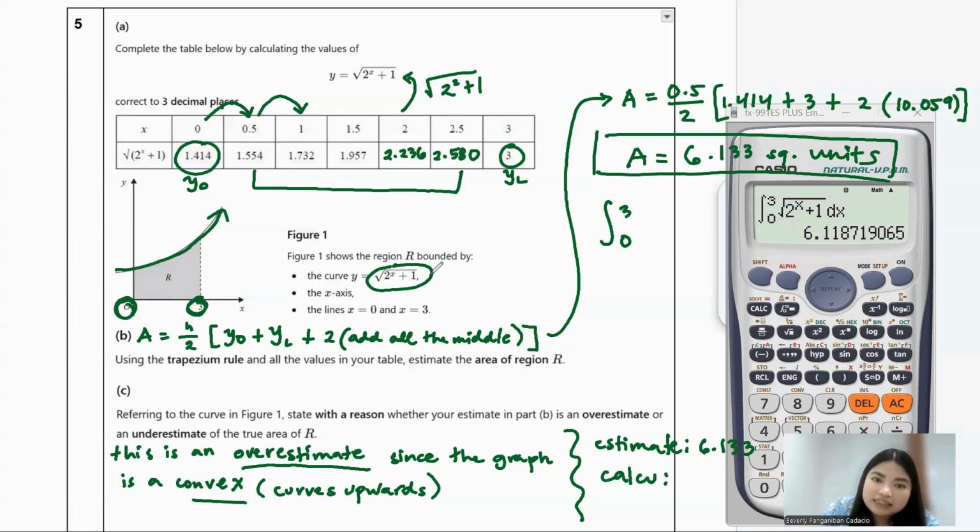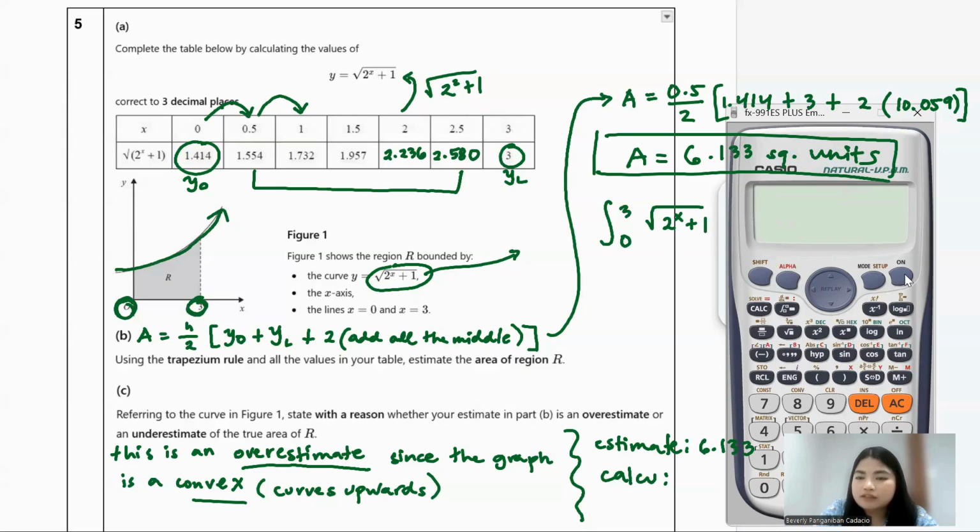Then write the function, which is 2 raised to x plus 1. Let's try to put that in your calculator. Click integral, and put your limits first, 0 to 3.